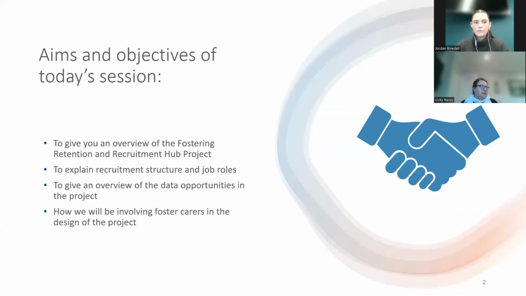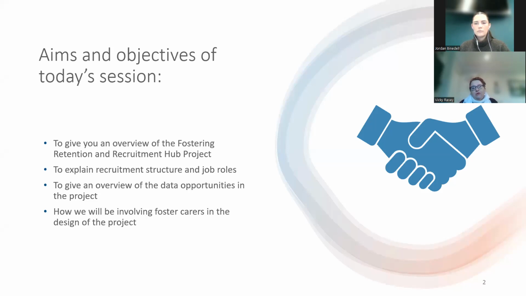So our key aims are there. I will give a brief overview of the Hub project, just in case anyone wasn't able to make the first meeting of this kind. Then we'll go on to explain the recruitment structure and the job roles that are going to be in our Hub.